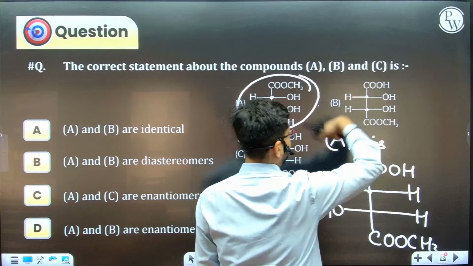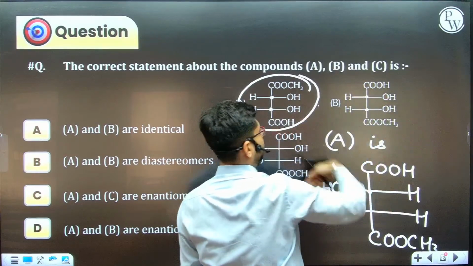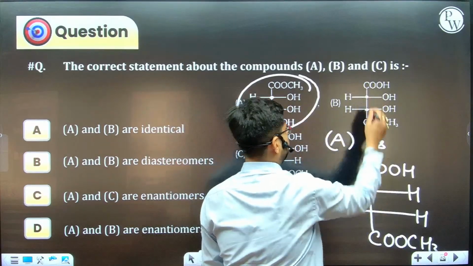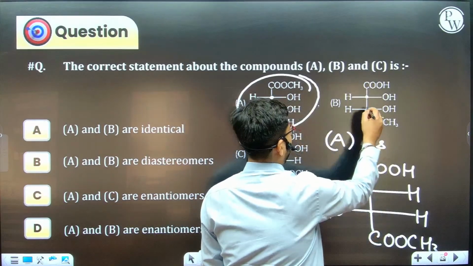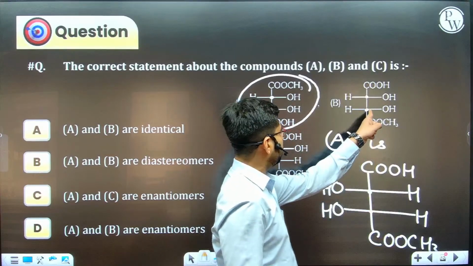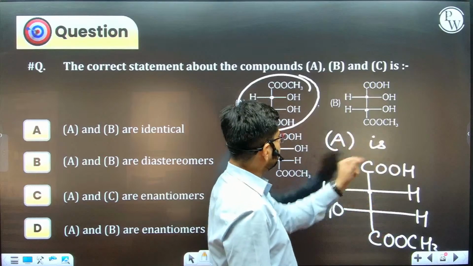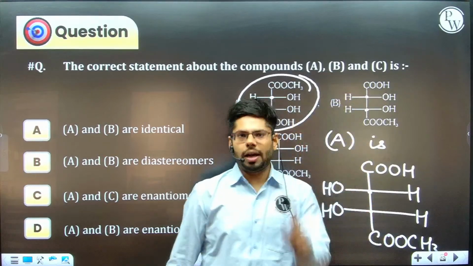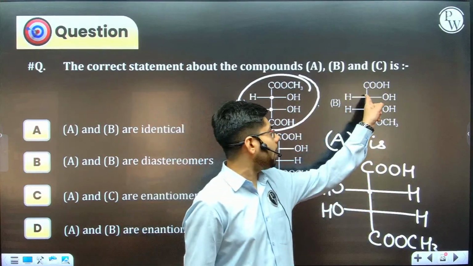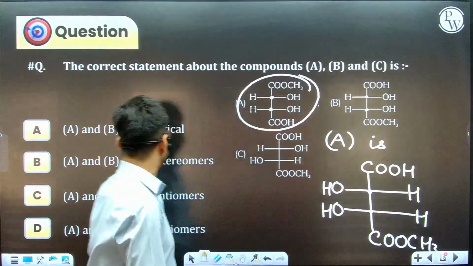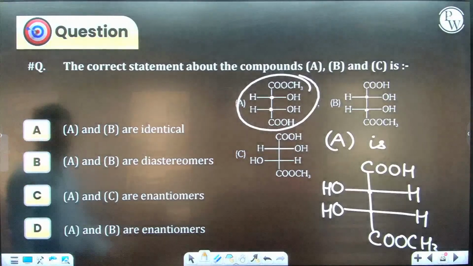That is, H has gone that side, OH has come this side, which means there has been one swap around this carbon. Similarly, if I look at this one again, there has been one swap around this carbon. That is, H and OH have got swapped, which means around each carbon one swap has happened. That means inversion has happened around every carbon, which means A and B are enantiomers.